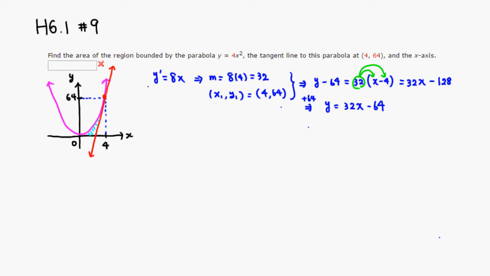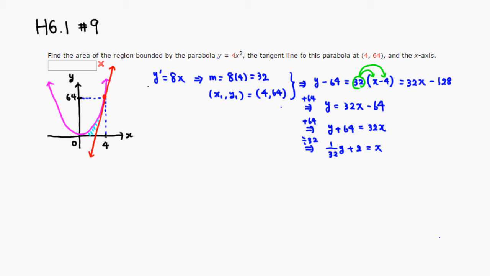That would be y plus 64 is equal to 32x. Then divide through by 32 to get 1 over 32 y plus 2 is equal to x.